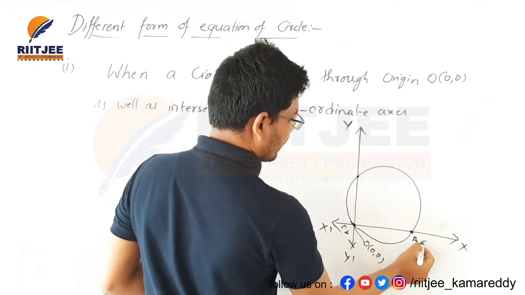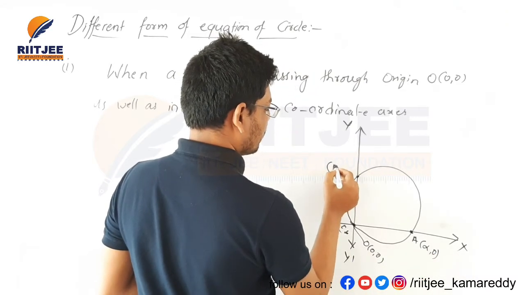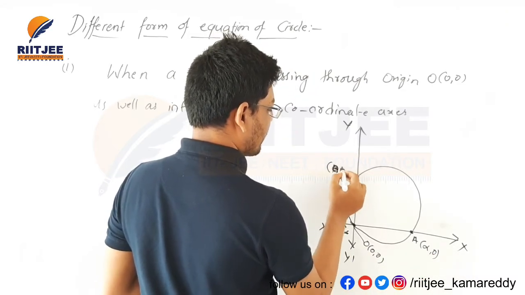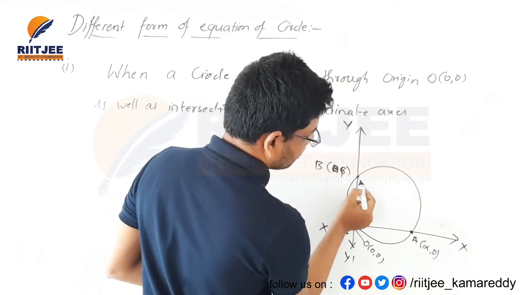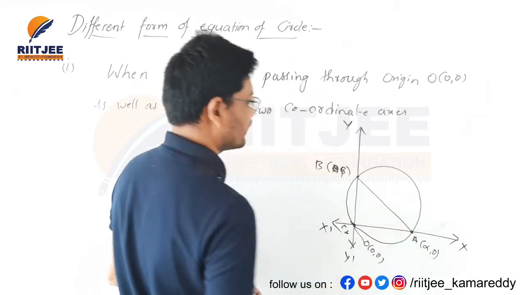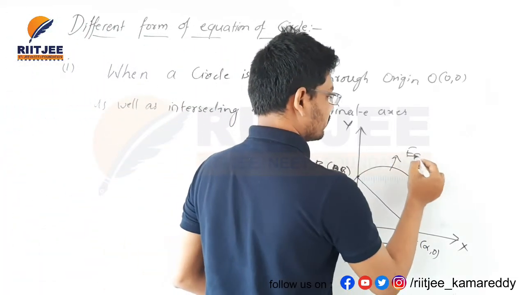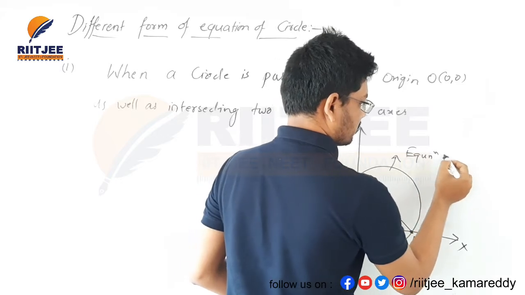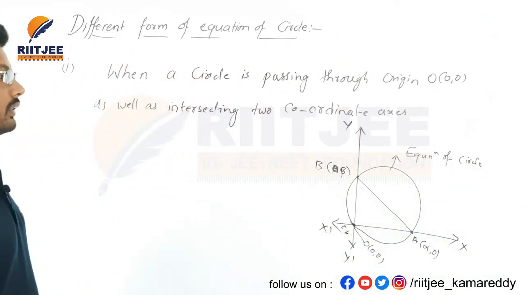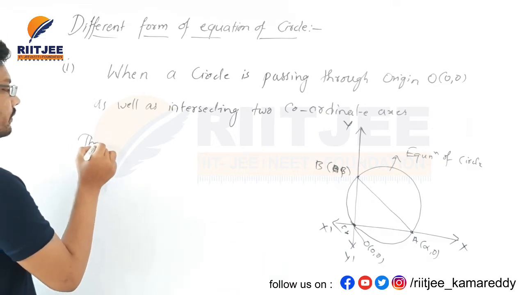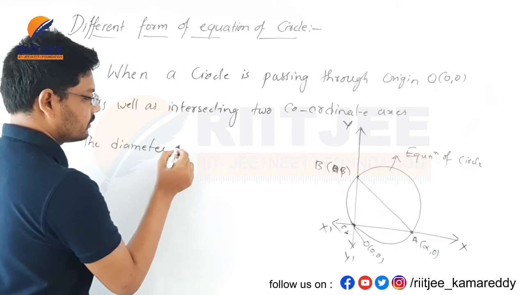This is A (alpha, 0) and this is B (beta, 0), and this is the diameter. Here we need to find the equation of circle. Here I am taking the diameter form of circle.